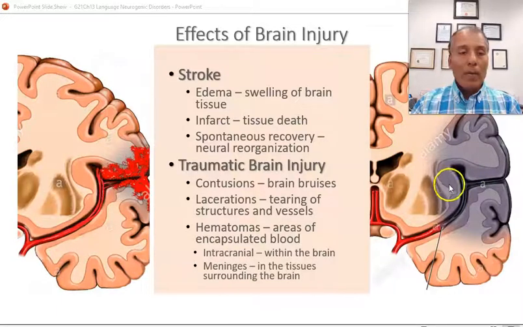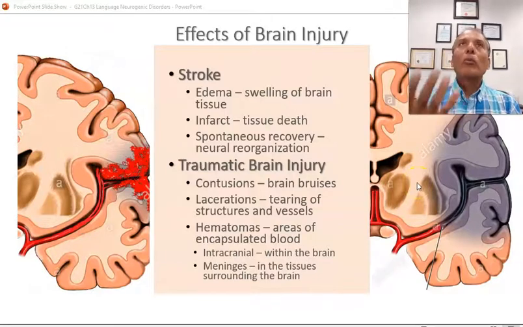And just know that when cells die inside of the brain, they do not regenerate. We cannot get them back.